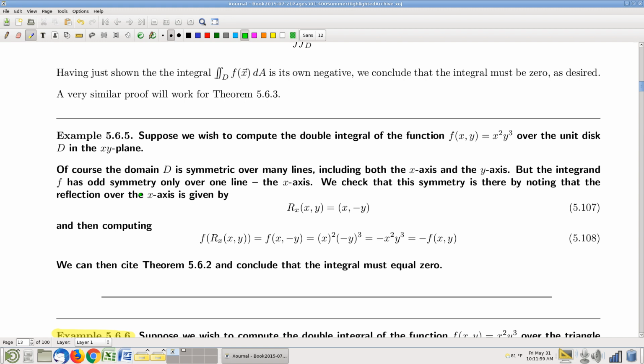So the rule is, in Math 212, for the second exam, if you're going to use a symmetry argument, you have to tell me, what is your line of symmetry? You got to indicate that clearly. Okay. You have to show the formula for reflection over that line.